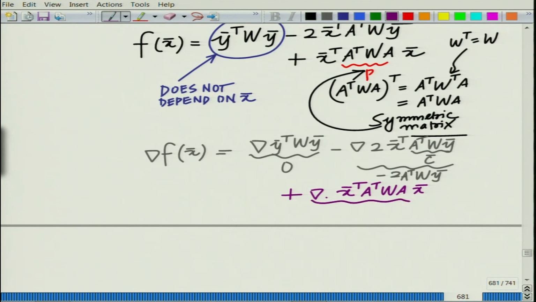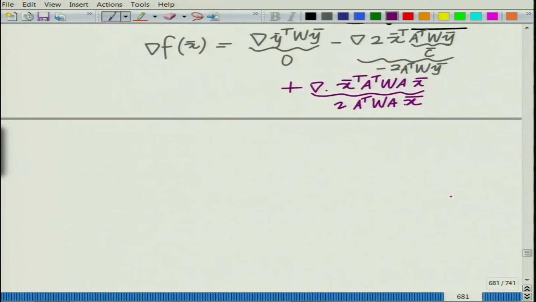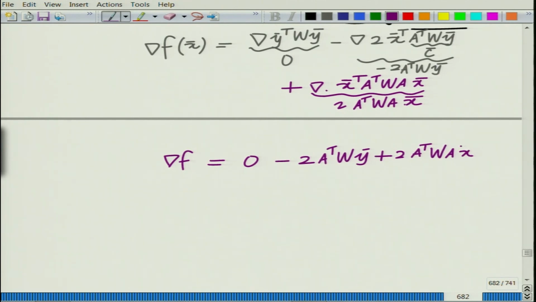So, this thing is going to be twice A transpose W A x bar. So, the gradient reduces to 0 minus twice A transpose W y bar plus twice A transpose W A x bar.